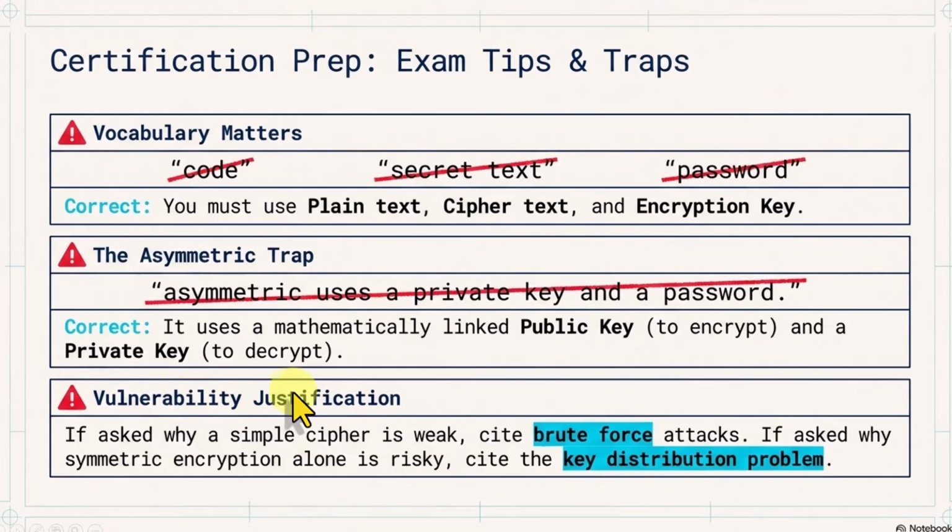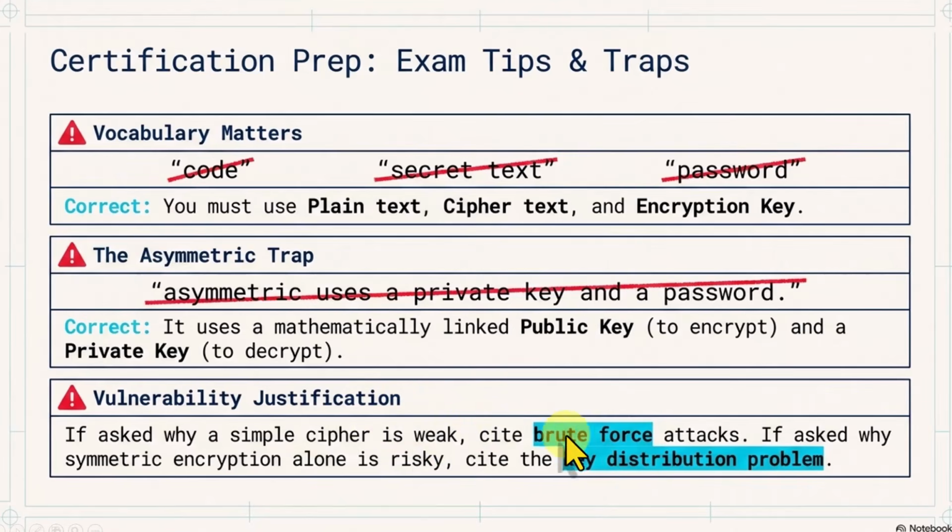Vulnerability justification: if asked why a simple cipher is weak, cite brute force attacks. So just say that brute force attacks can find the key. If asked why symmetric encryption alone is risky, then cite the key distribution problem.